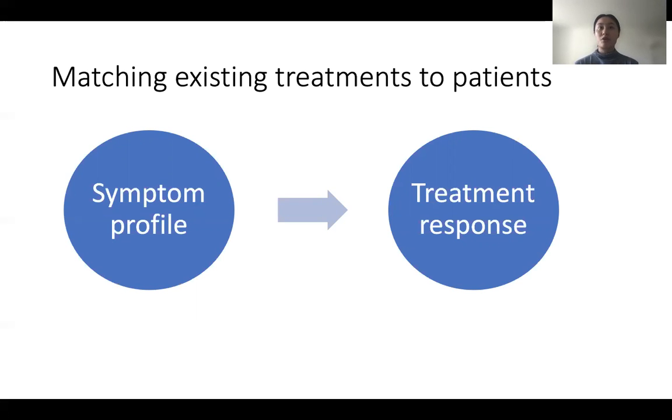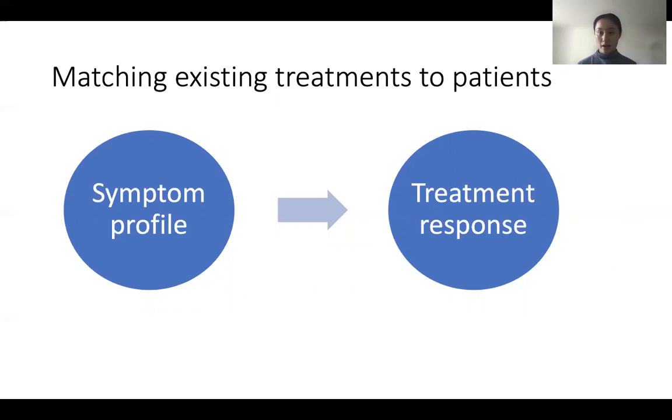Currently in precision psychiatry, there are two lines of research. One line of research aims to match existing treatments to patients. They would, for example, measure a patient on a variety of symptoms and construct a profile of symptoms for each patient.